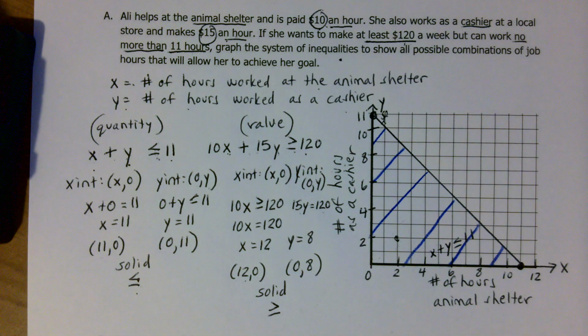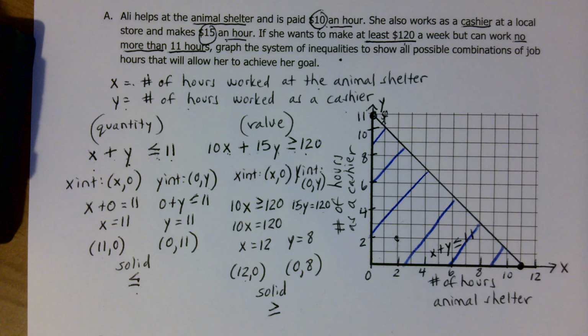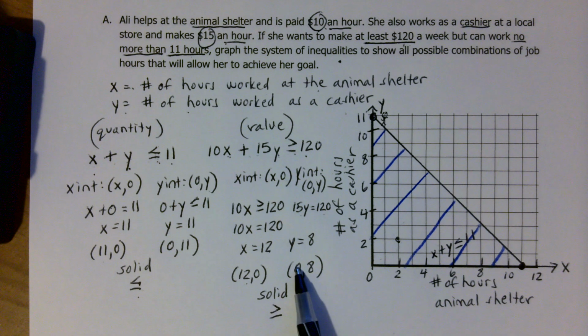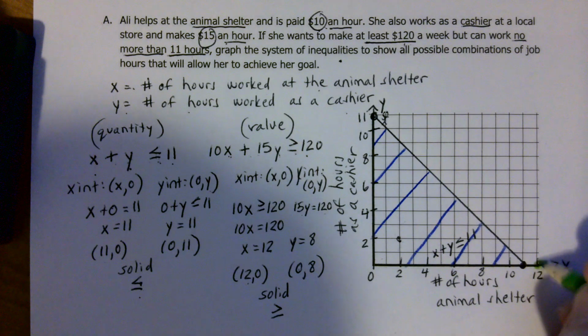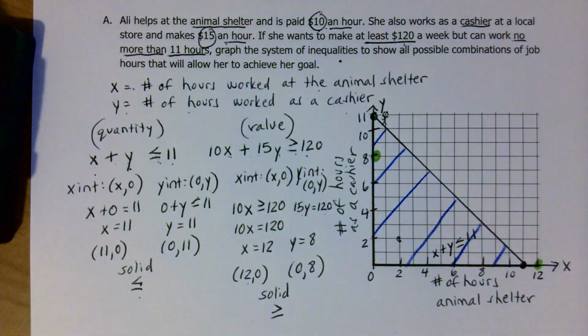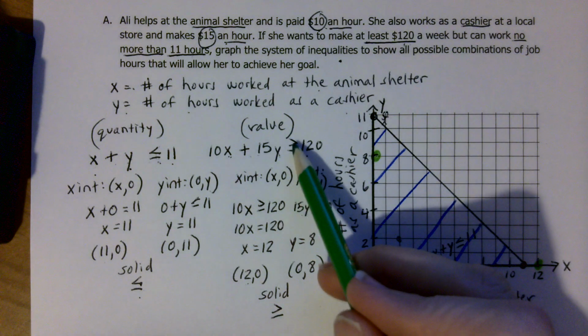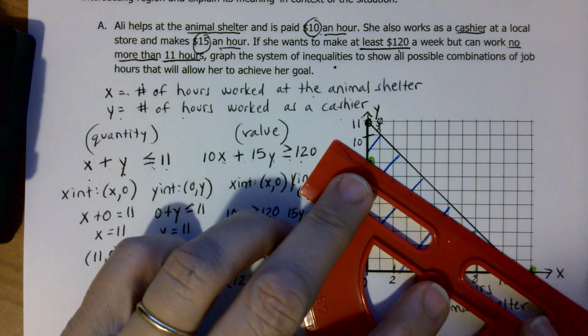Okay, remember, it's a system of inequalities, so that means I'm going to need to graph this one as well. So I look at my boundary points. 12, 0 is over here, and 0, 8 is over here. Since this was greater than or equal to, we connect it with a solid line.